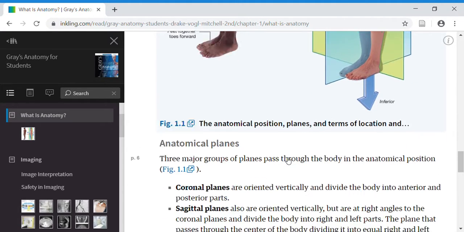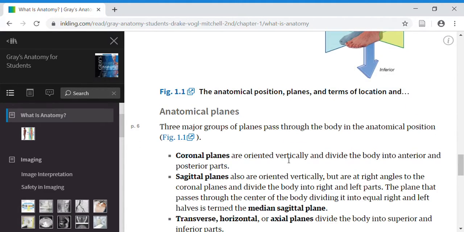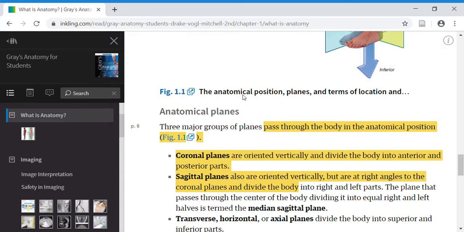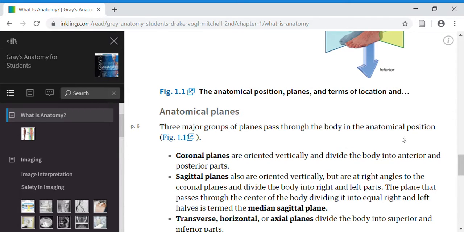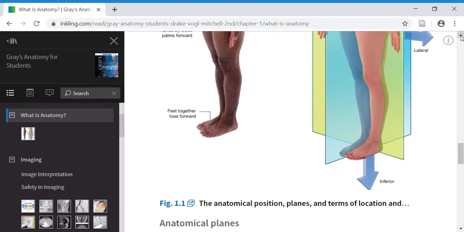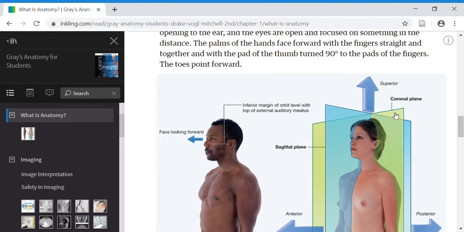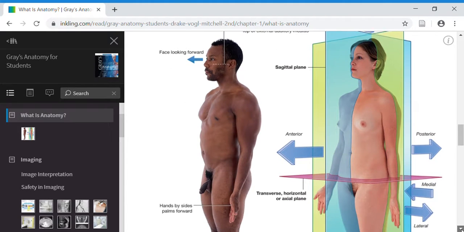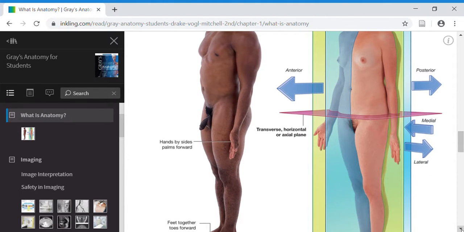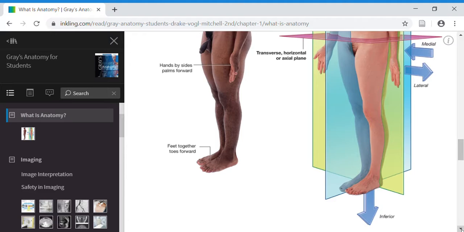So, anatomical planes. You have the coronal plane, sagittal plane, and transverse, horizontal, or axial plane.